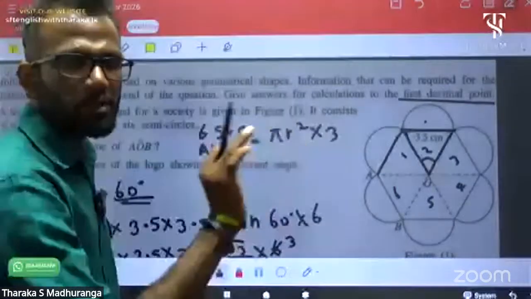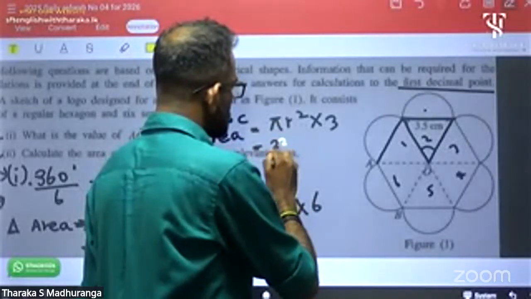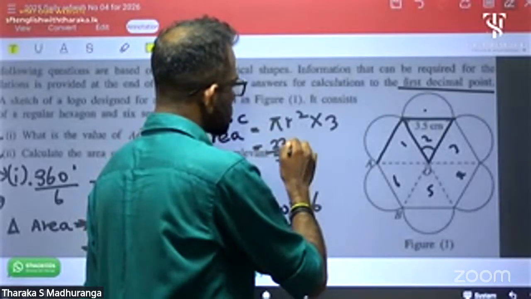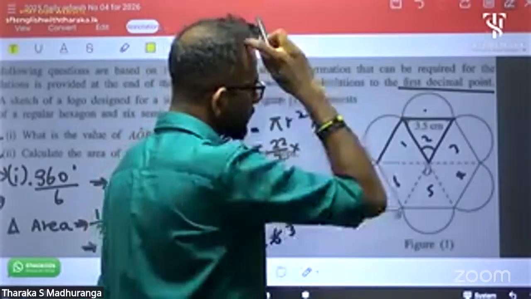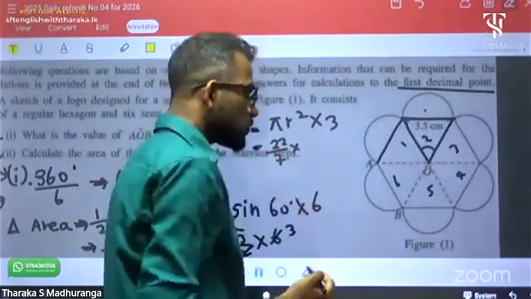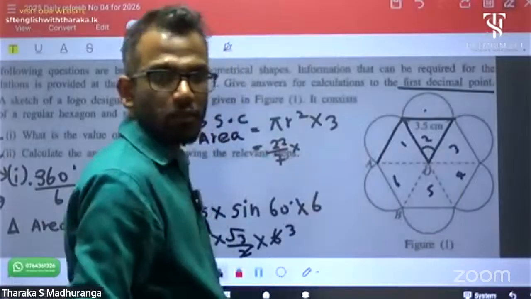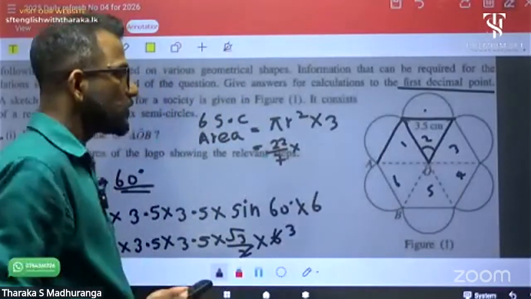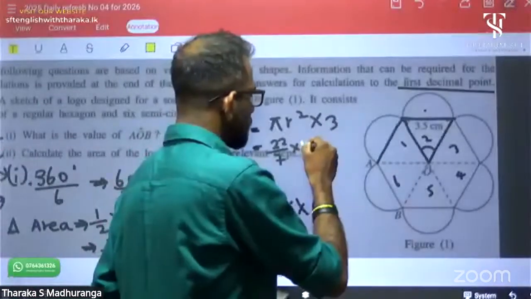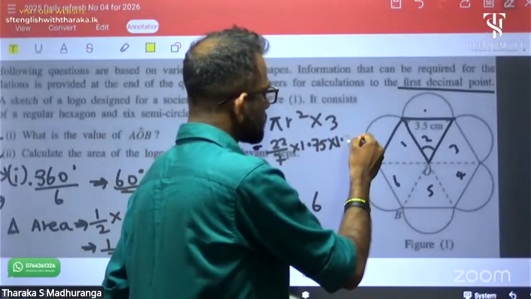Pi is 22 over 7. For r squared, 3.5 is not the radius, it is the diameter. So 3.5 over 2 is 1.75. 1.75 times 1.75 times 3.